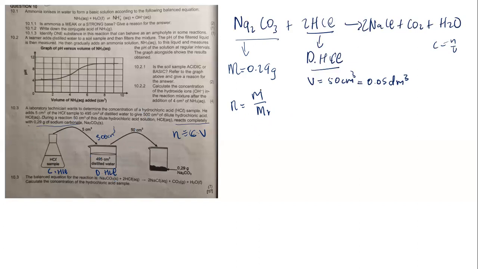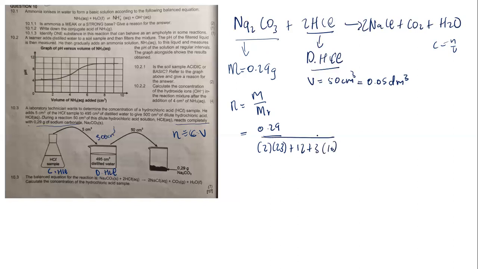So let us determine the number of moles first of sodium carbonate. What is the mass of sodium carbonate? It's 0.29 grams. And the molar mass, remember our sodium from the periodic table is 23. So we're going to say 2 multiplied by 23, plus carbon, which is 12, and then oxygen, we know that it's 16, so 3 multiplied by 16.